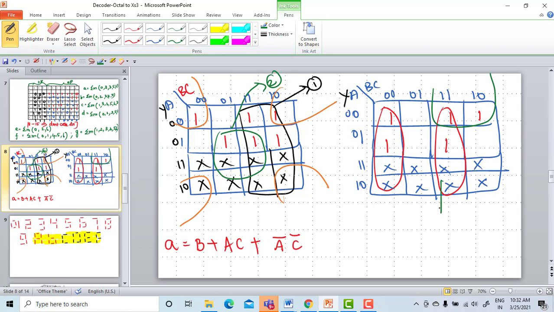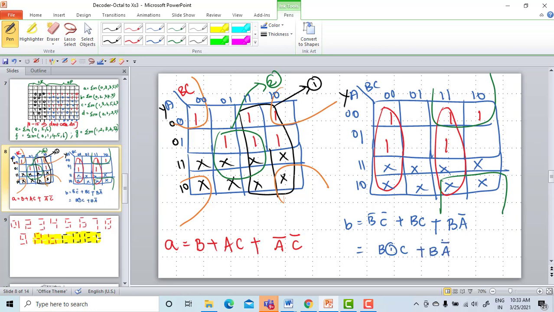The combination is simple with a minimum number of variables. So this is B bar C bar plus BC. This is for segment B, and plus B, and whereas this is A bar. So B bar C bar plus BC can be written as B XNOR C plus B A bar.